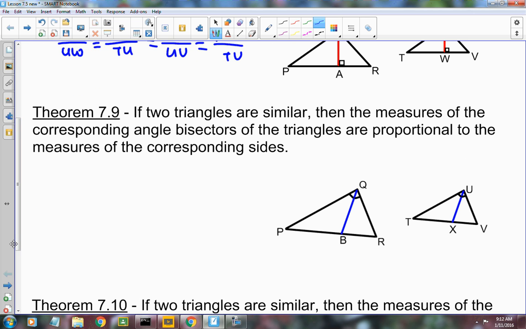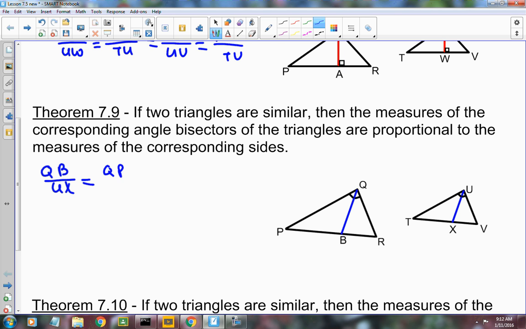What are these blue lines here in regard to the triangle? They're what? Not the median. What does it do in comparison to this angle? They're bisecting it. So these are what? Angle bisectors. So this theorem says that the angle bisectors are proportional to a pair of corresponding sides. Okay, so I can set up a proportion. QB is to UX, and I can make it proportional to any of the pairs of corresponding sides.